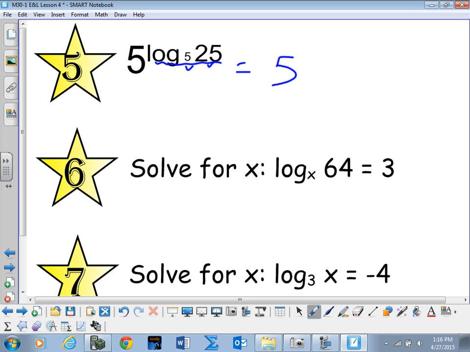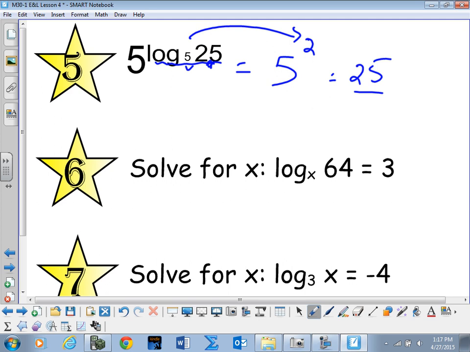Well, I know that that exponent is 2. So that log is equivalent to 2. And now I can solve this. Equals 25. Kind of interesting that the answer here is the number that we started with up here. Okay, we'll look at an example similar to that in the next few days as well.